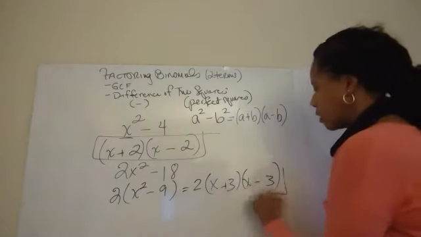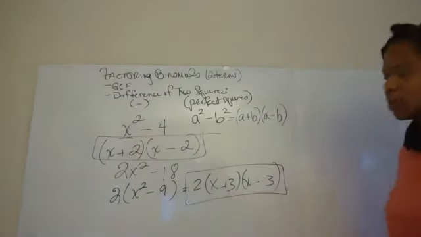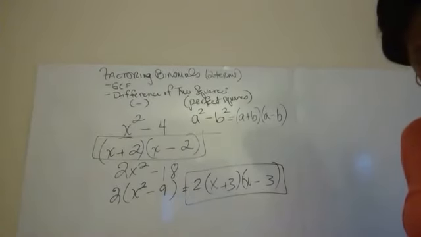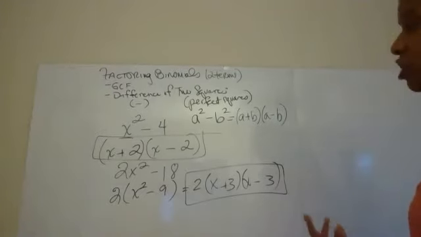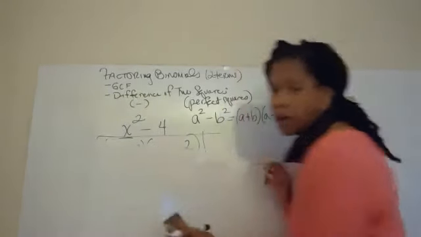One's a plus, one's a minus. Okay? So that's us factoring the difference of 2 squares. So when we're factoring binomials, we have to check to see, is it the difference of squares beyond just a greatest common factor.